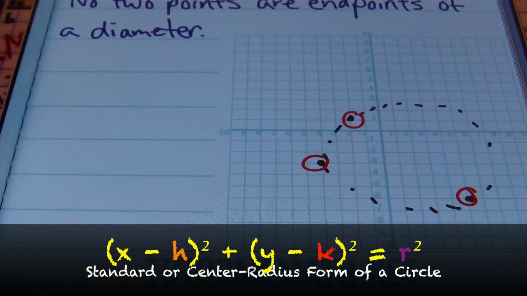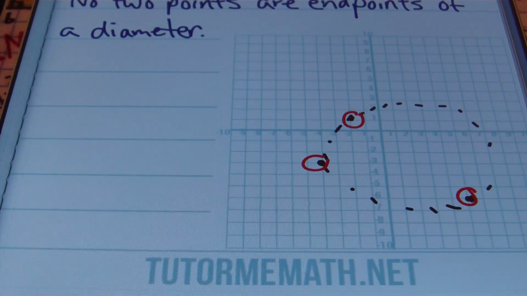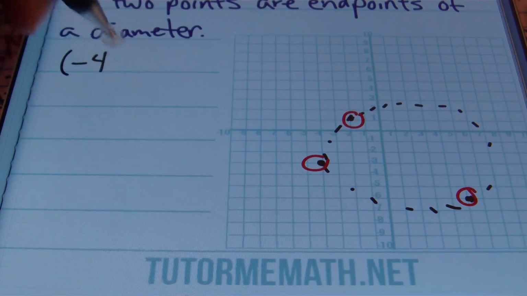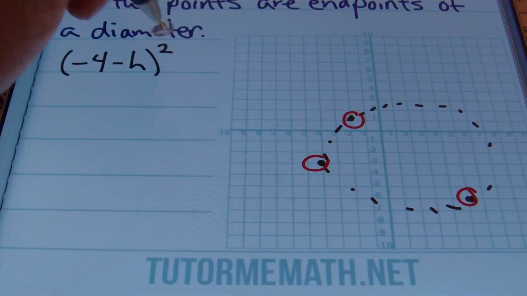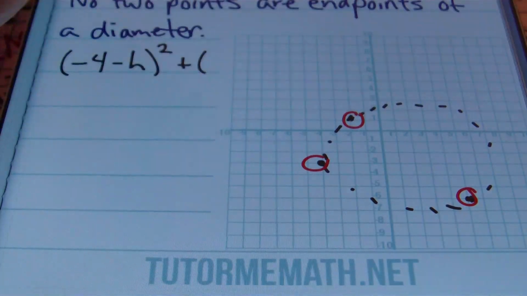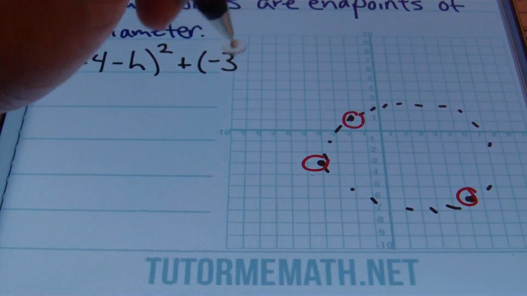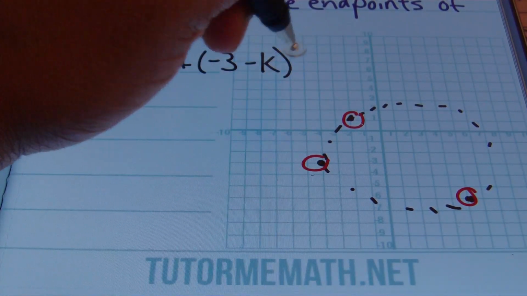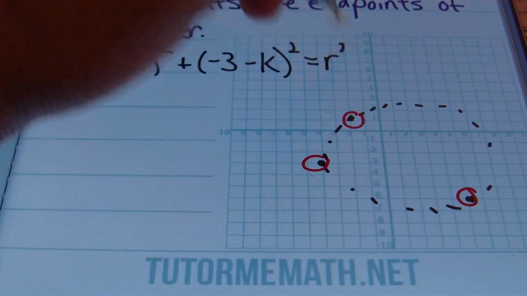Well, they give us the x and y values of 3 points. So what we'll do is we'll set up this system of equations by replacing every x and y in the equation with the points that are given. So our first equation is going to be (-4 minus h) squared plus (-3 minus k) squared equals r squared.